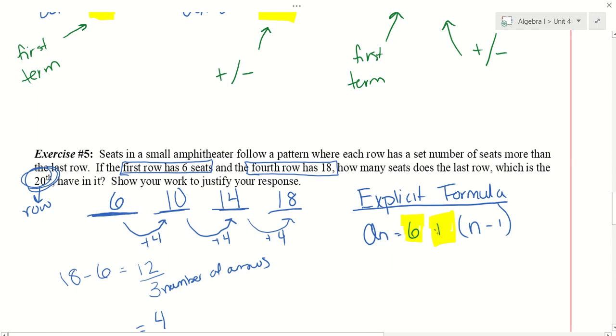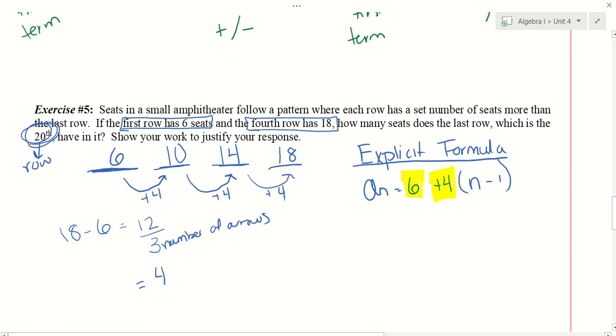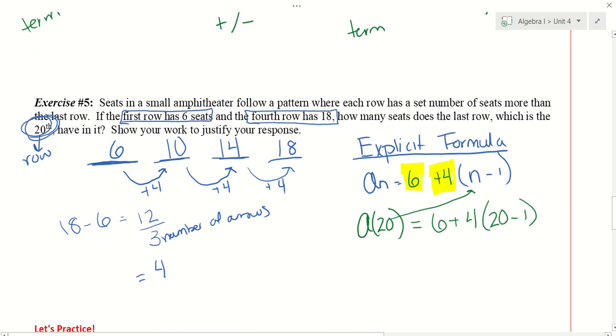4. Plus 4. Now we plug in a of 20, because it's asking us how many seats are in the 20th row, equals 6 plus 4, 20 minus 1. So the 20 goes where the n is. That's the number of rows. That's what n stands for.